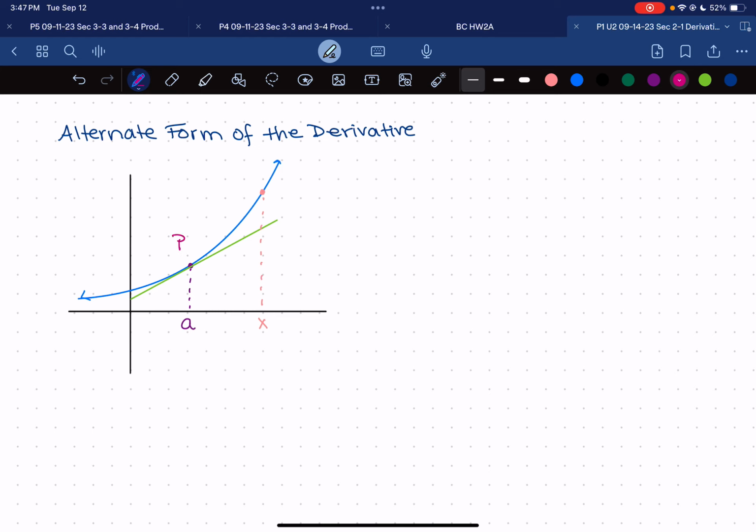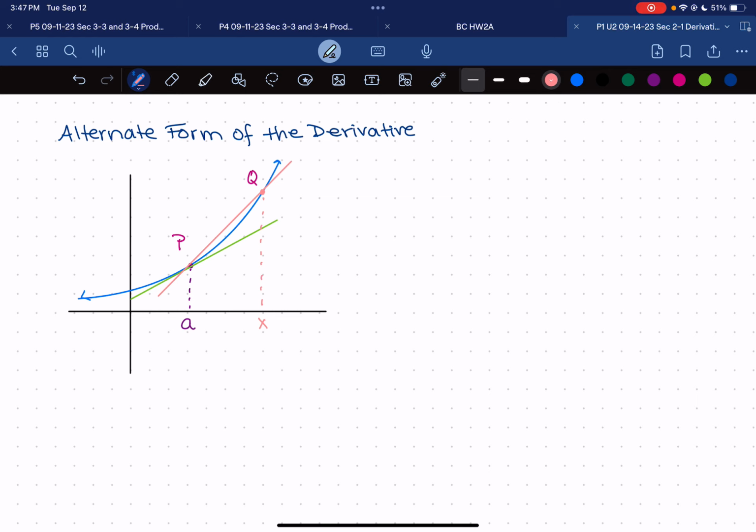So we have P, we have Q. I'm not going to bother putting any kind of delta x in here. But as Q approaches point P, oh, I forgot to draw the tangent line in here. I mean the secant line. So here's the secant line, same kind of thing we had before. As Q approaches P, this secant line will approach the tangent line just like we had.